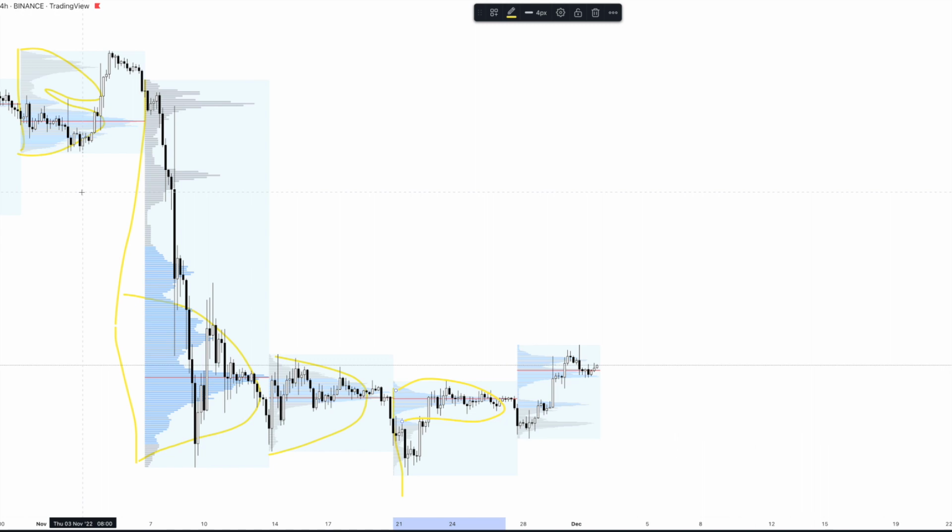And what I normally do with these B shapes is I split them off, right? I would turn this into two separate volume profiles. If you leave this range over here, it would look something like this, right?